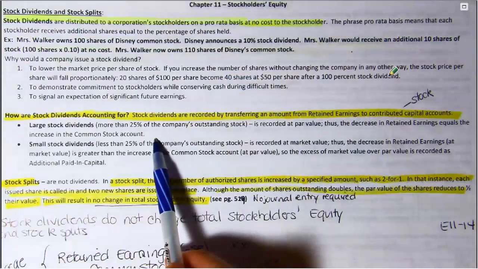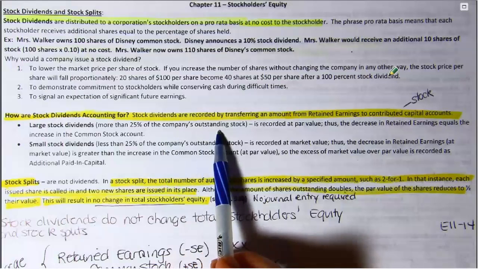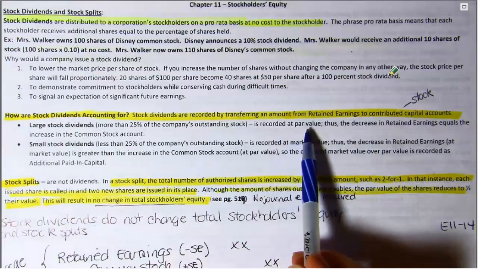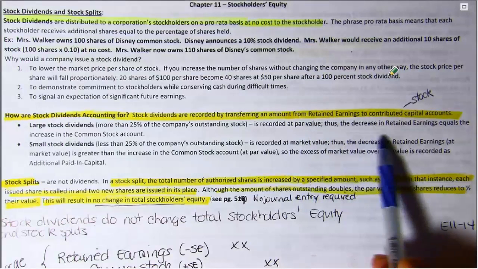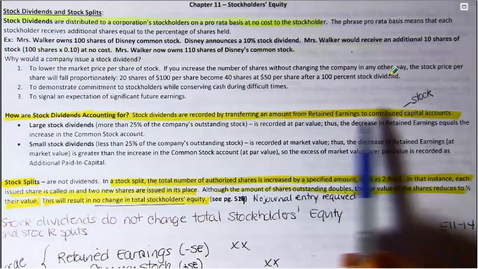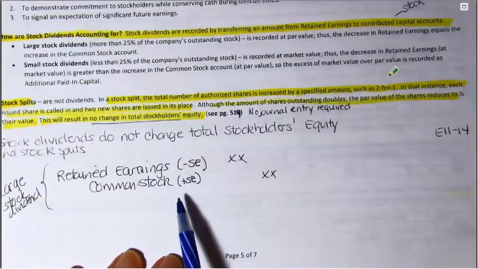If it's a large dividend, which is more than 25% of the outstanding shares, that dividend is recorded at par value. So the decrease in retained earnings equals the increase in the common stock account. This would be like the journal entry that you would do.